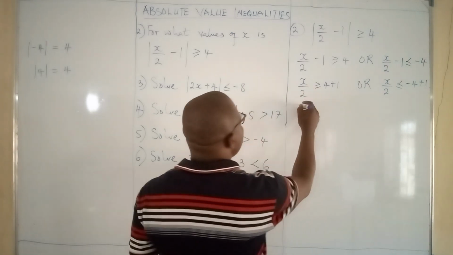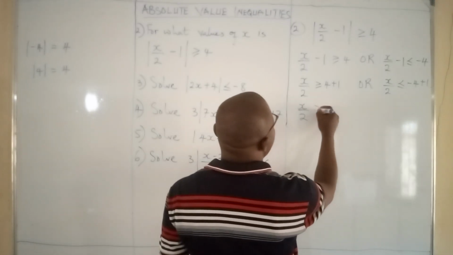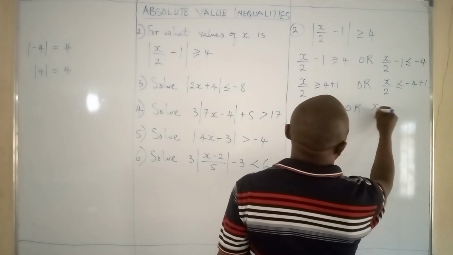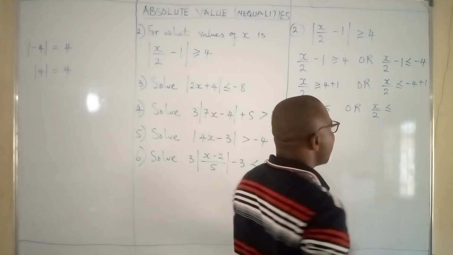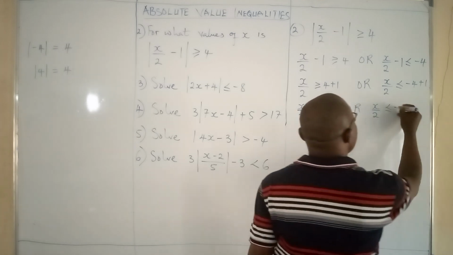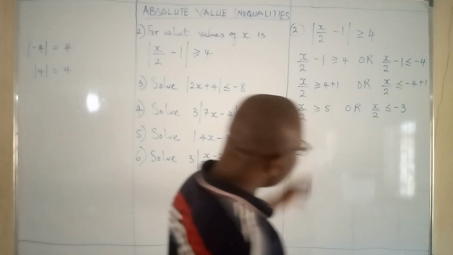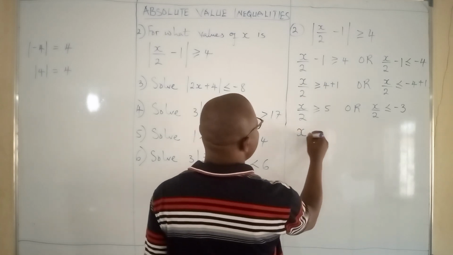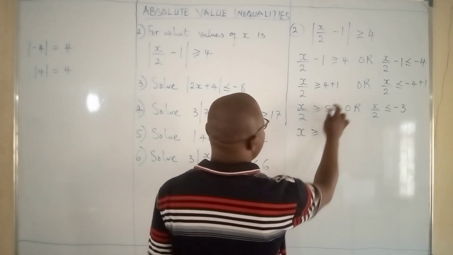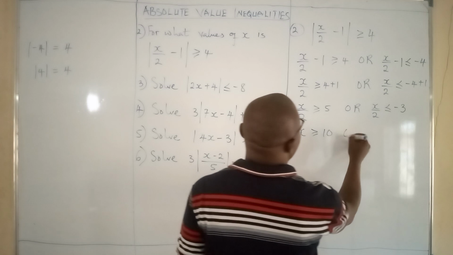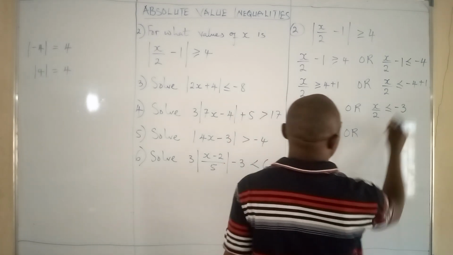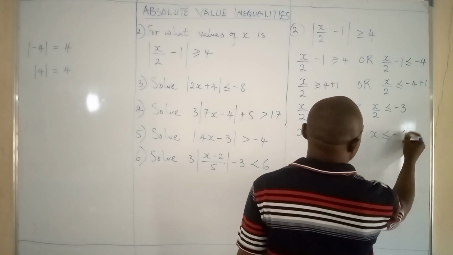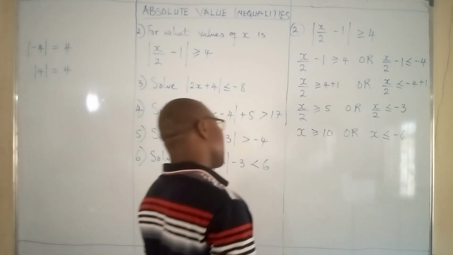And so this will give us x over 2 is greater than or equal to 5, or x over 2 is less than or equal to negative 1 plus 4, which is negative 3. So at this point, we cross multiply. So if we cross multiply, we have x is greater than or equal to 2 times 5, which is 10. Or if we cross multiply, we have x is less than or equal to 2 times negative 3. That's negative 6.